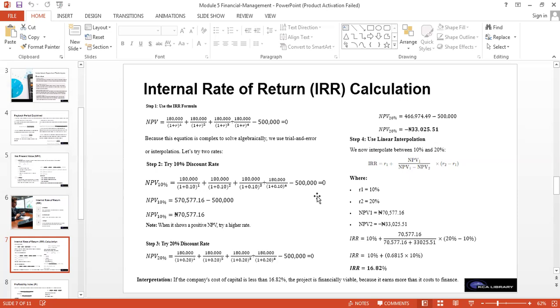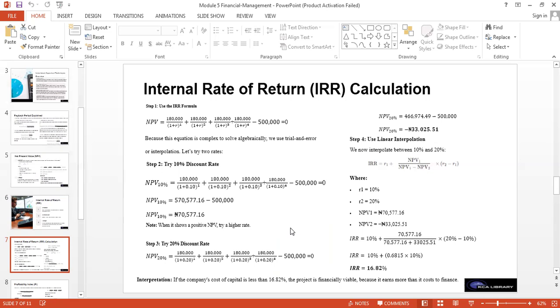For this 10% rate, we have a positive 70,577 naira 16 kobo. Note that when it shows a positive NPV, you have to try a higher rate. Because it's showing a positive NPV, we have to get a negative NPV, so to do that you have to increase your discount rate. We try 20%.